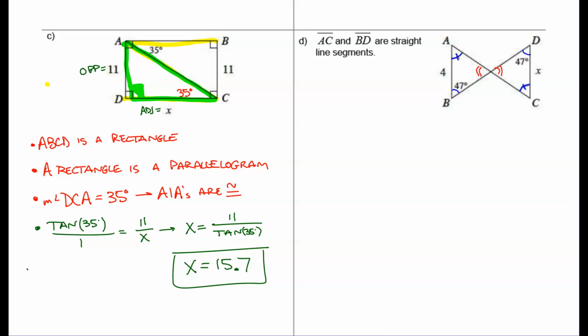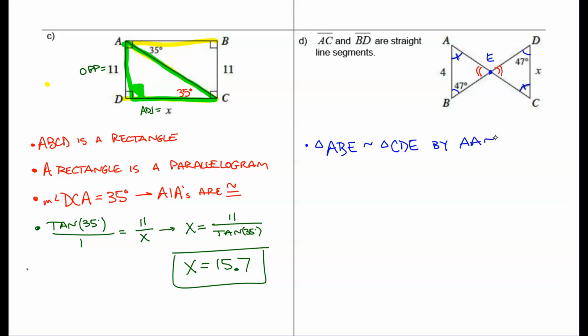So I can say that, let's go ahead and name this point right here E. Triangle ABE is similar to triangle CDE by angle-angle.